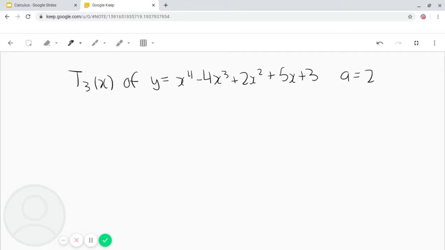So what I'm going to do first is find the first 3 derivatives of this function y. Because we're looking for the third degree Taylor polynomial, we need the first 3 derivatives.